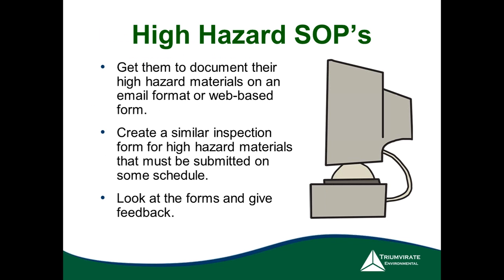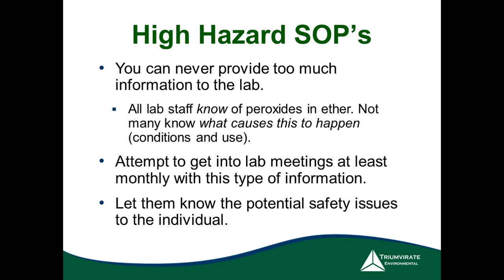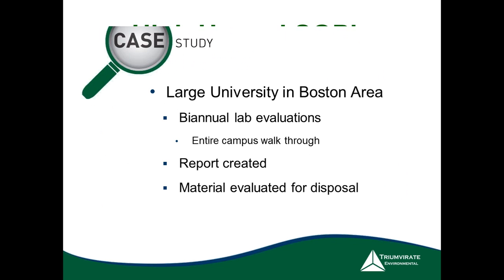They know who or what to look for, and when there's an issue, they'll call environmental health and safety. So using the lab personnel to identify potential peroxide formers can be very helpful. And then doing a periodic check-in, a follow-up inspection done by environmental health and safety, can be very helpful, just to make sure everything is running smoothly.